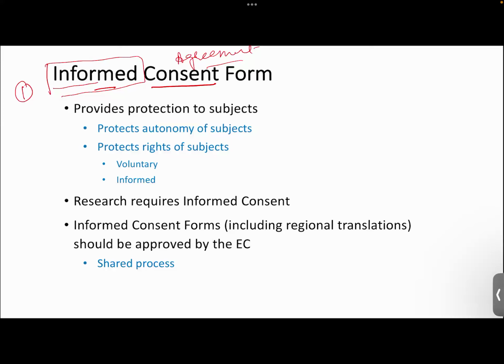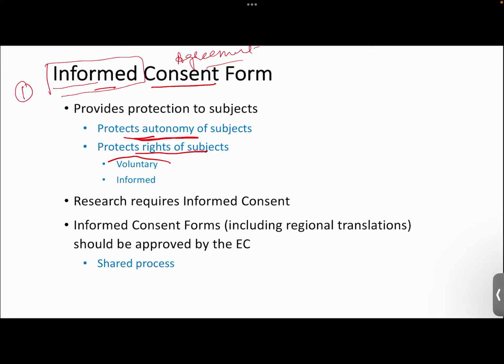Now, there are certain pillars of the informed consent process. It is a little revision. If you go back to our Nuremberg Code and Declaration of Helsinki on our very first day, does it remind you of something? This is what the Declaration of Helsinki says: protect the autonomy of a subject, and protect the rights of the subject.